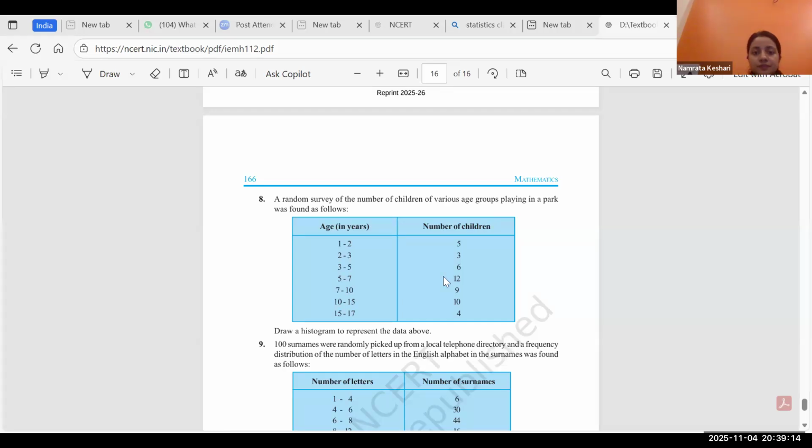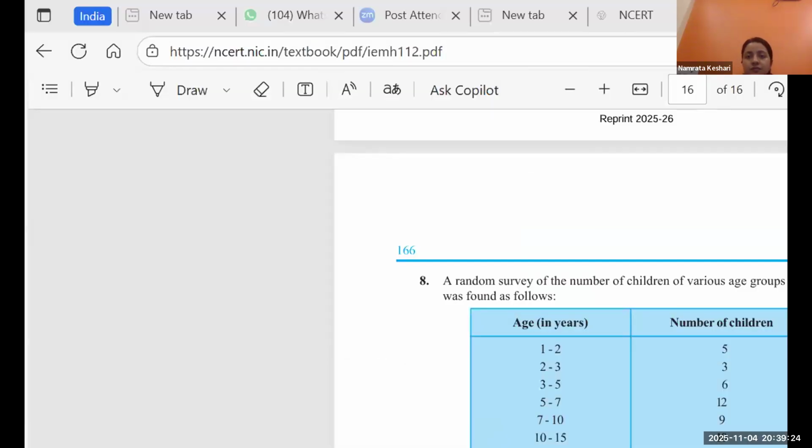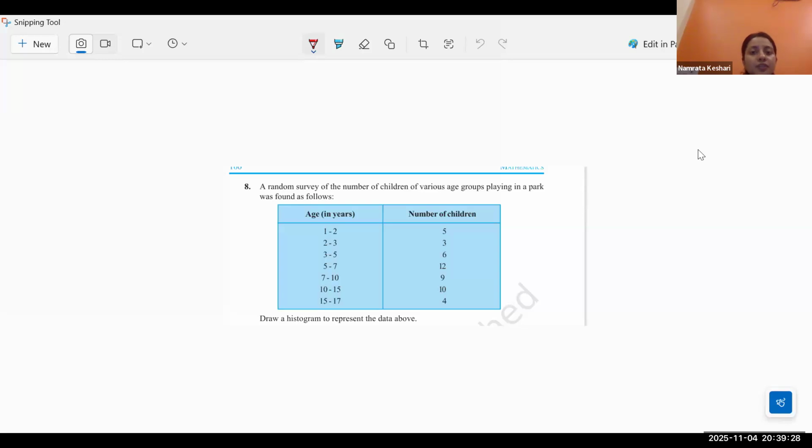Just a moment. So this is the data we have, and we have to draw the histogram. Now clearly I can see the class width.